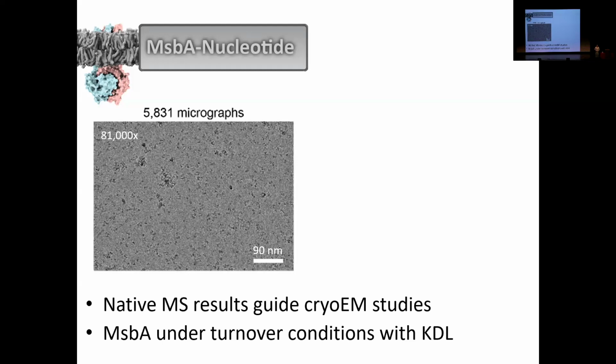If you look closely enough, there are these little transporters that I showed you at the beginning of my talk in this micrograph. This is one of almost 6,000. What we have to do is go through this micrograph and pick out every single particle. If you look at that, you'll probably see a couple hundred, maybe 1,000.